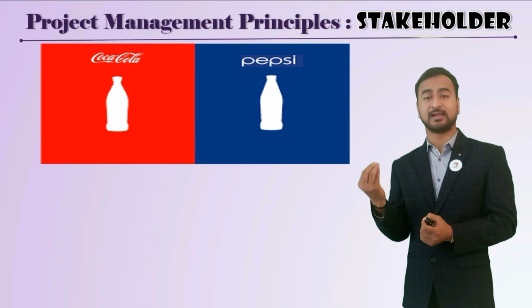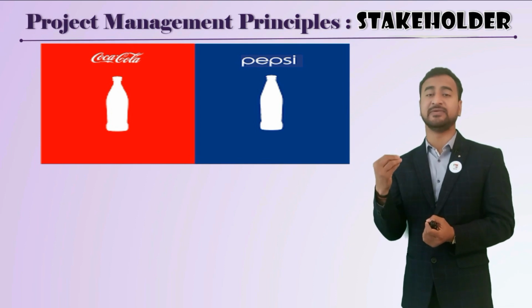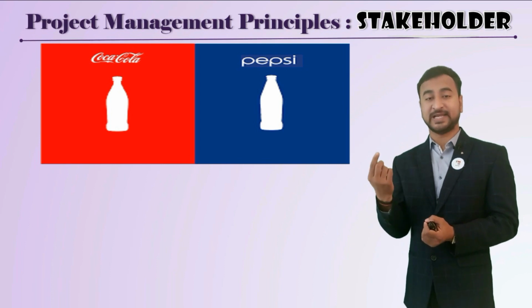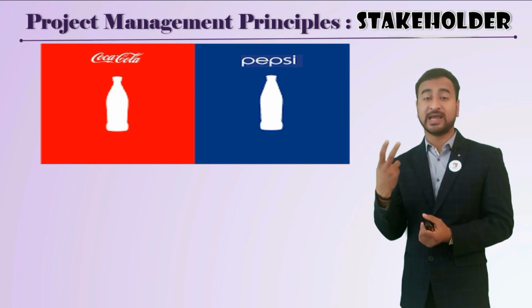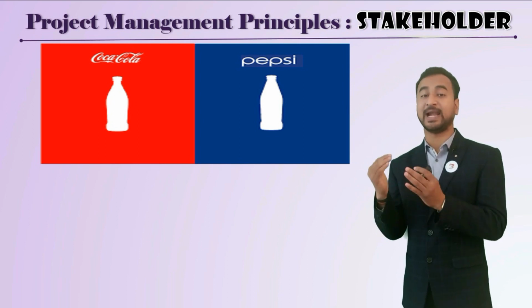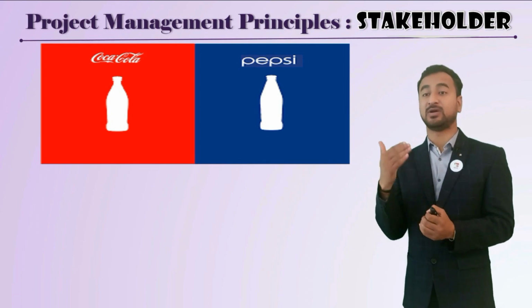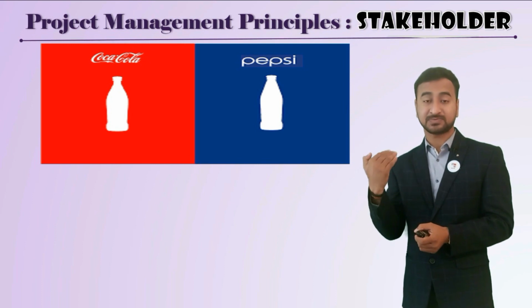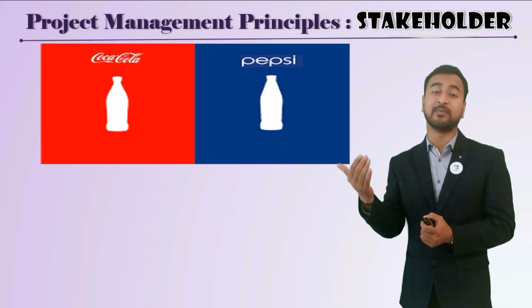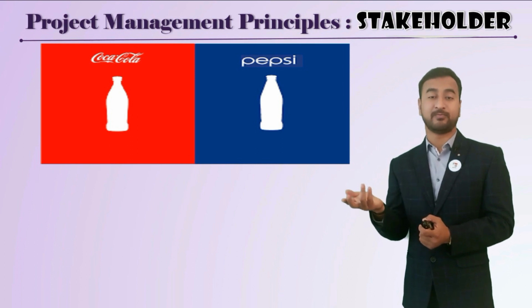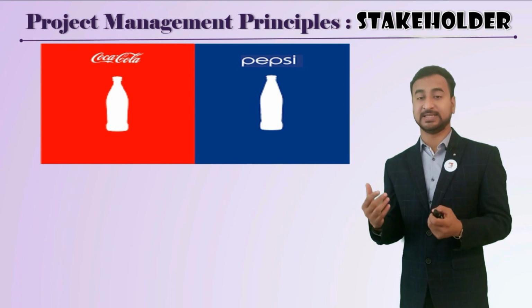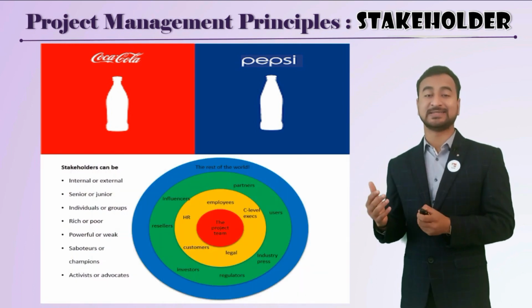Their clients, their investors, the workers, and all that. But one more stakeholder is Coca-Cola. They have to maintain the secrecy of that particular project. There is a risk if that secrecy leaks, that Coca-Cola might come up with certain different products that might impact the entire thing. So that is the holistic understanding.